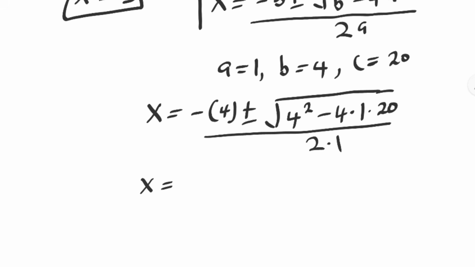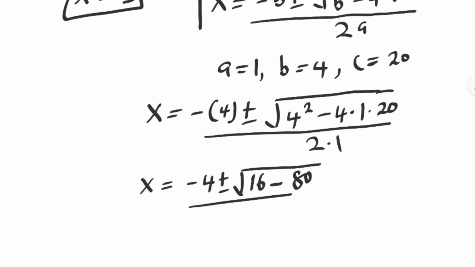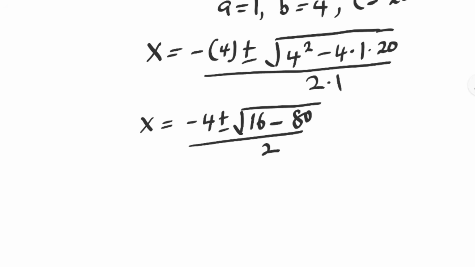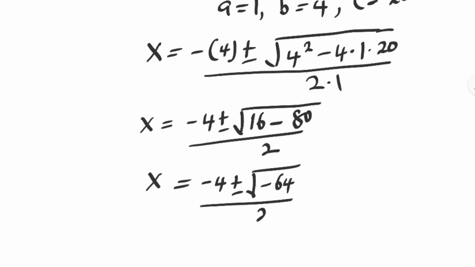S is equal to minus 4 plus or minus square root of 4 square, that is 16, minus 4 times 1 times 20, that is 80 over 2. Then s is equal to minus 4 plus or minus square root of 16 minus 80, that is minus 64 over 2.